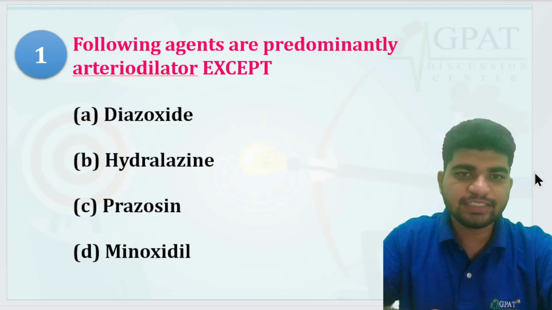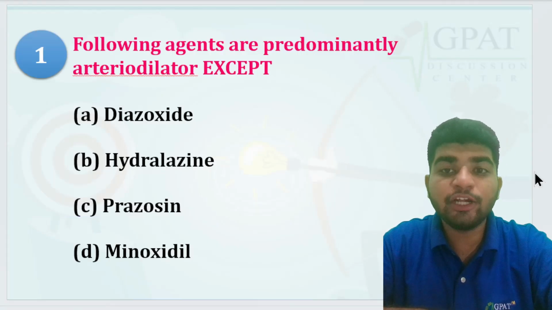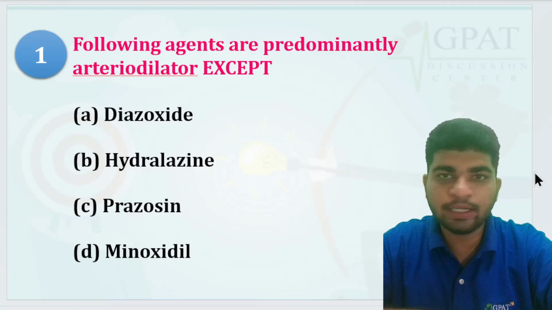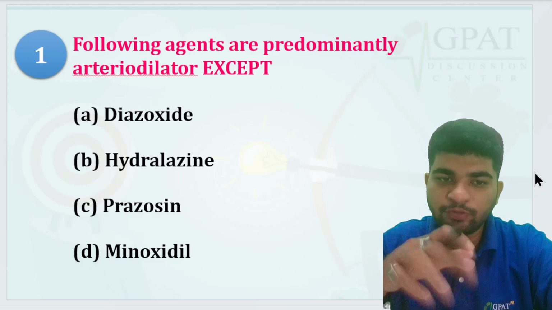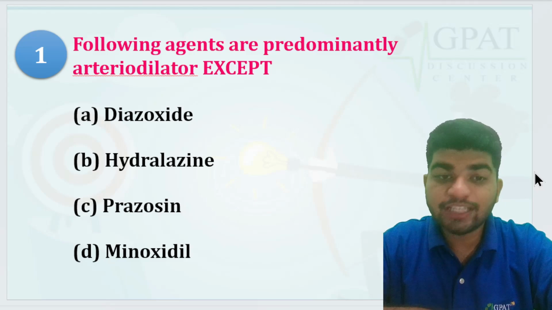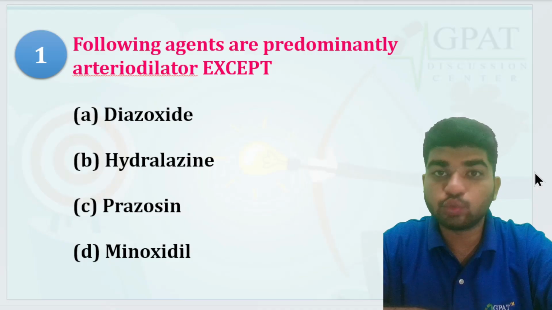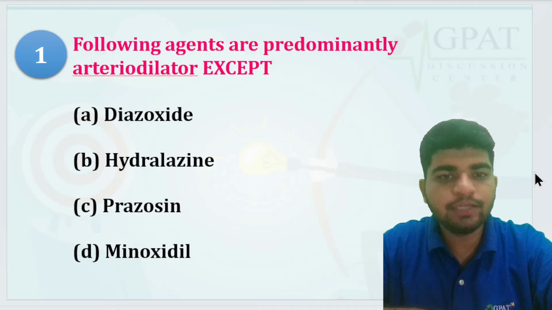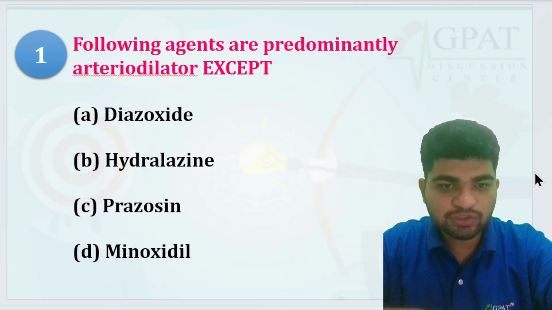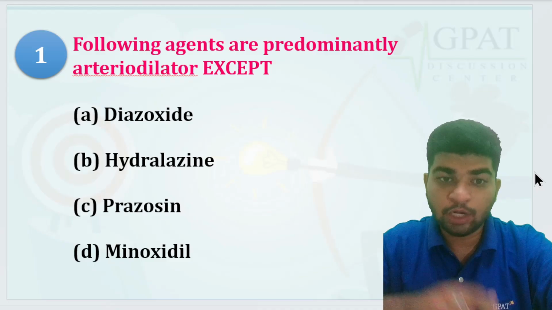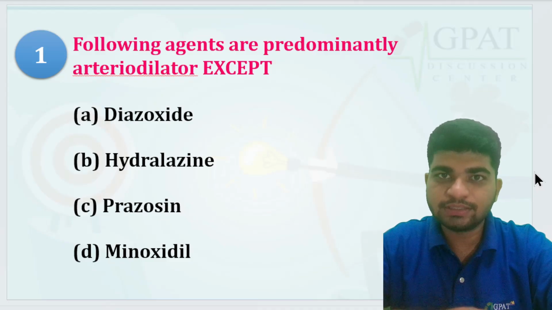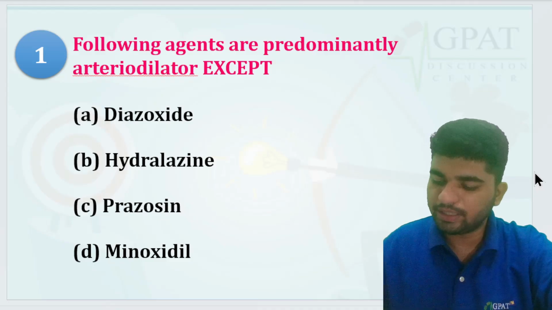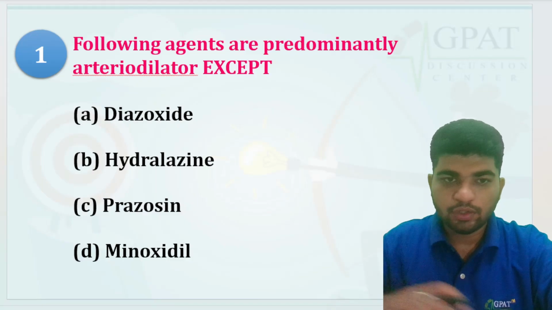The first question says that the following agents are predominantly arteriodilators except. One of the following is not an arteriodilator. You have to choose one. Diazoxide, hydralazine, prazosin, minoxidil. Out of these four, one is not an arteriodilator.